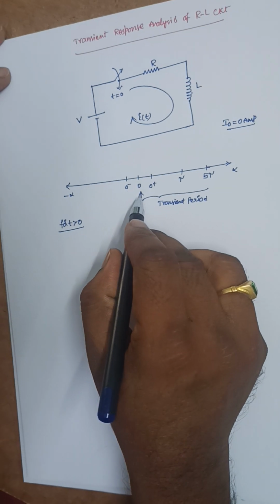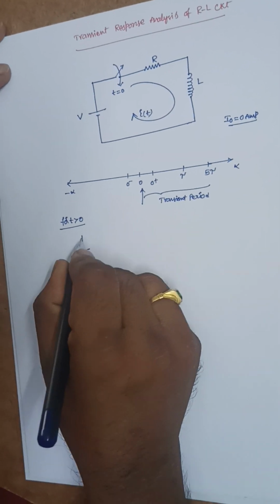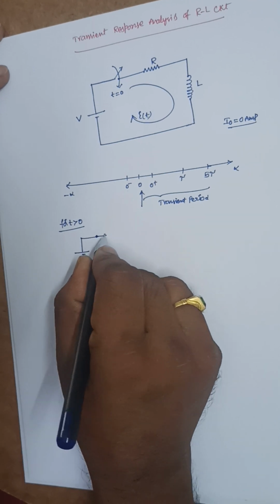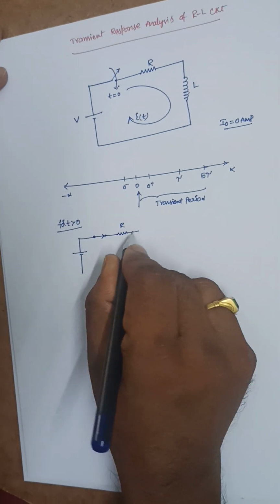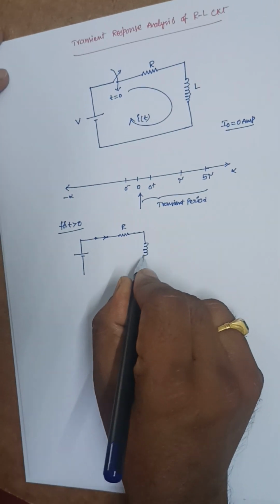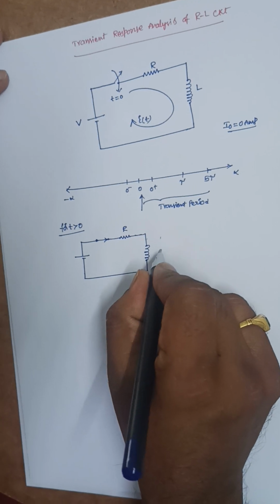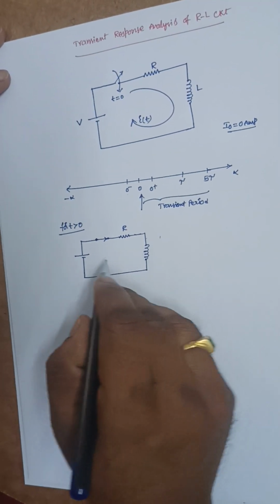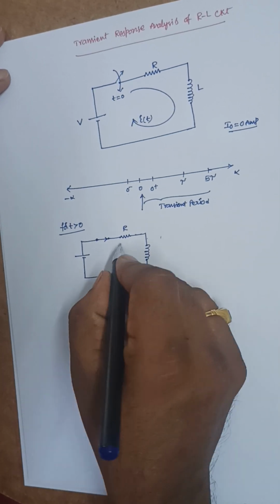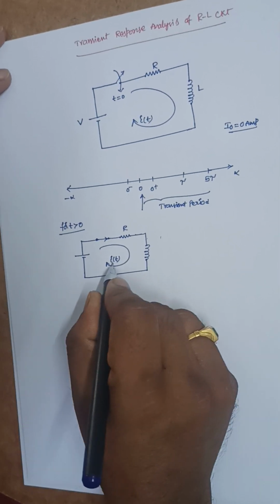For t greater than 0, after the switching action is done, this circuit will be like this. The switch is closed now. It is R and this is L, and here I0 current will be there. Since I0 current is 0 amperes, I need not represent this I0 here, and this is I of t or IL of t.